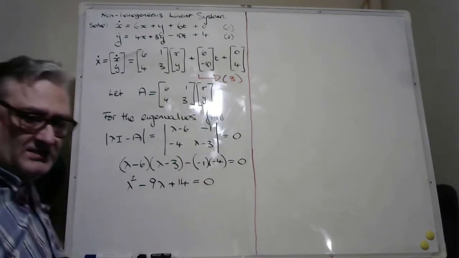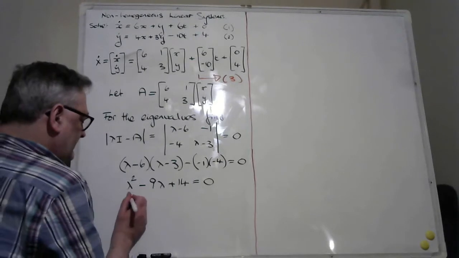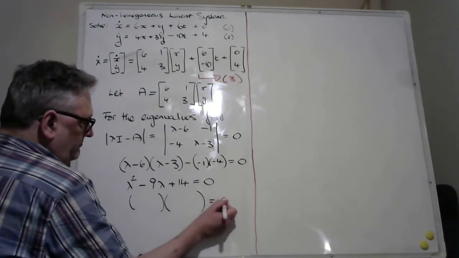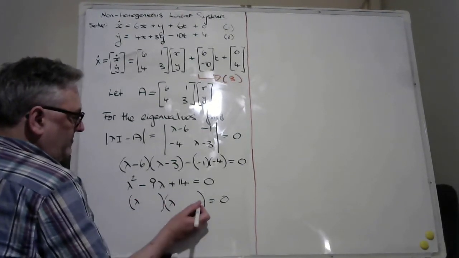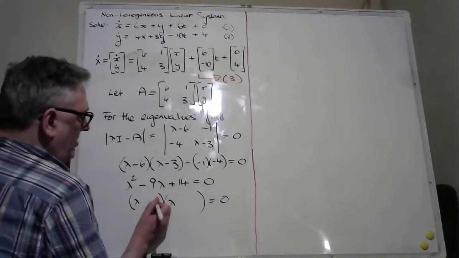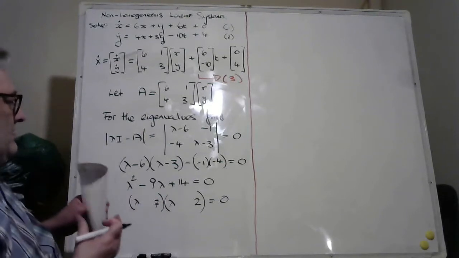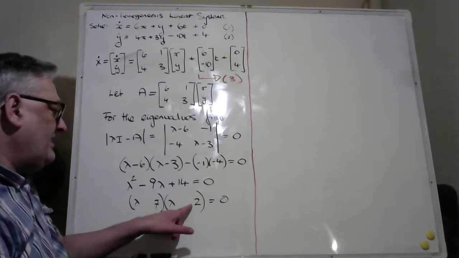Now, fortunately, this equation can be easily factorised. So we've got lambda there and lambda there. Two numbers which, when multiplied together, give plus 14 are plus 7 and plus 2, or minus 7 and minus 2.